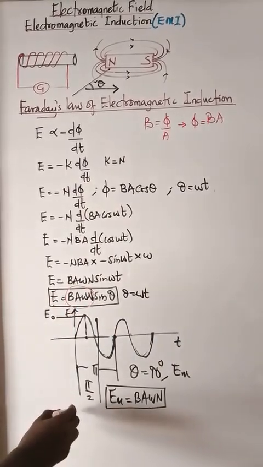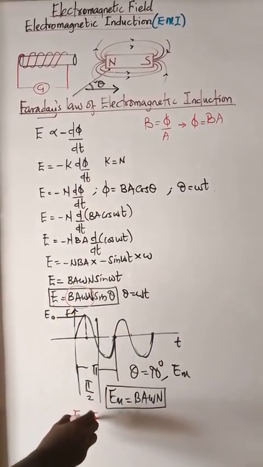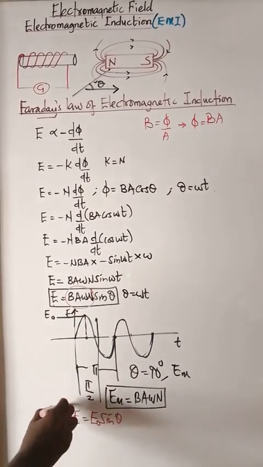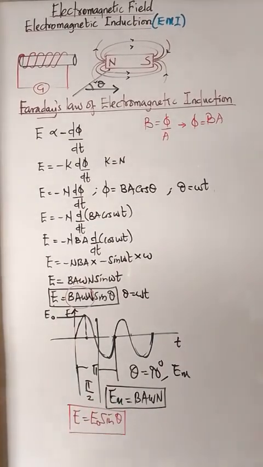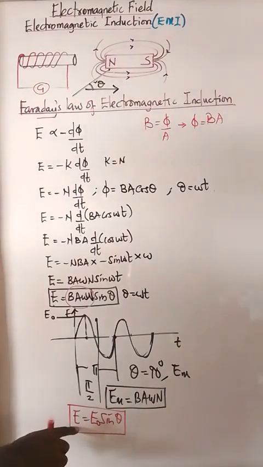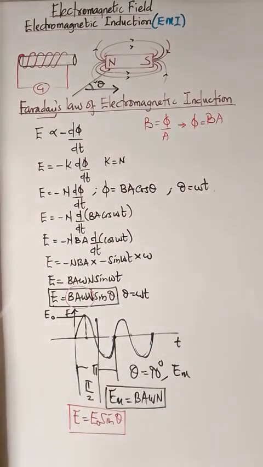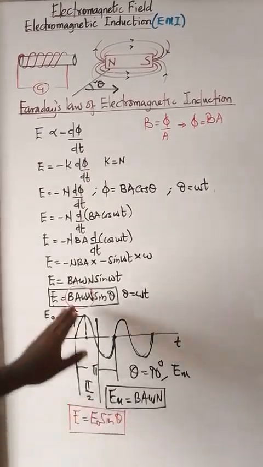So we can say the EMF generated equals the maximum EMF times sine theta. So we are given an equation relating the maximum EMF and the instantaneous EMF. The most important thing is to know this formula and this relation.